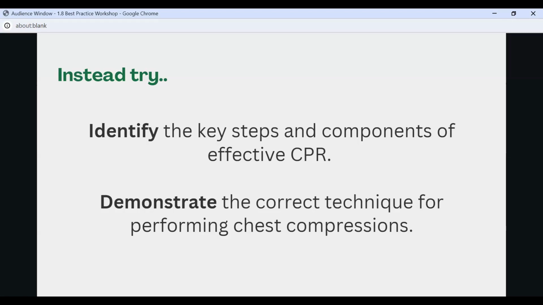So students could identify those key steps in an assessment, such as a quiz or an exam, maybe through multiple choice or through mix and match, or what have you. They could demonstrate or perform chest compressions in a simulation or in a scenario-based learning experience in an online course. These can be more easily assessed or measured by you, the instructor, right?